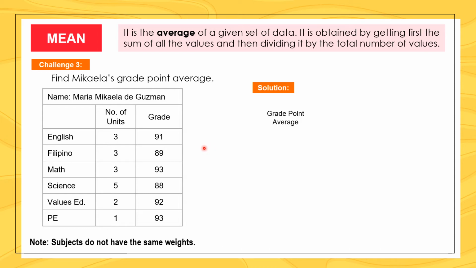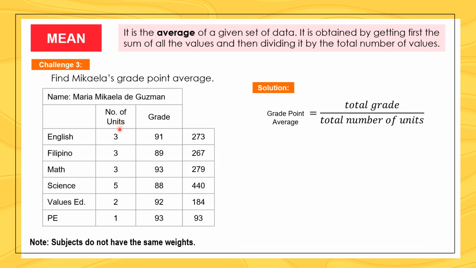In finding the grade point average of this data set, that's equal to the total grade over the total number of units. To find the total grade, we could have another column here wherein we will just multiply the number of units by grade.